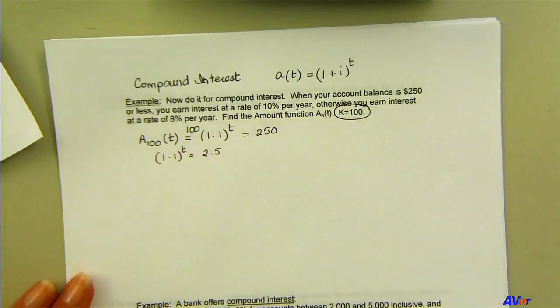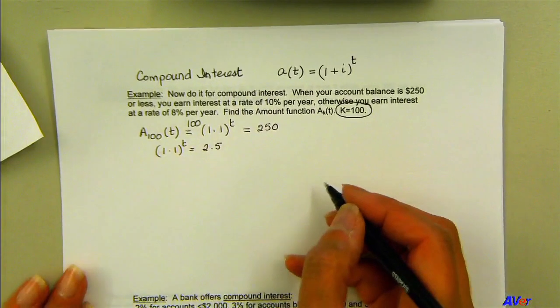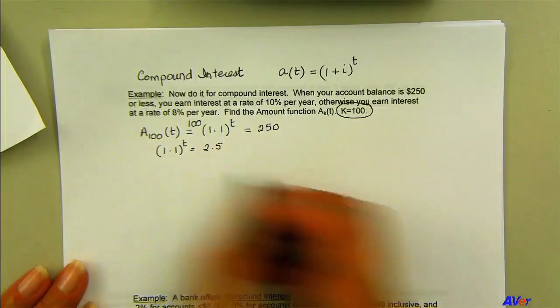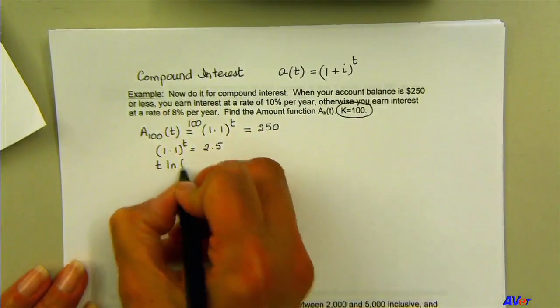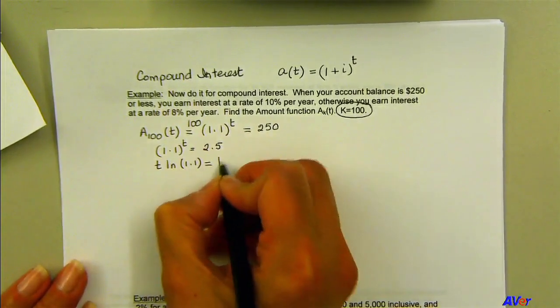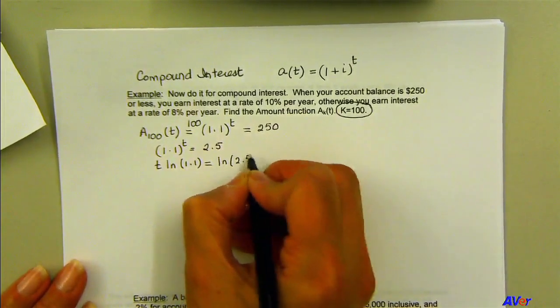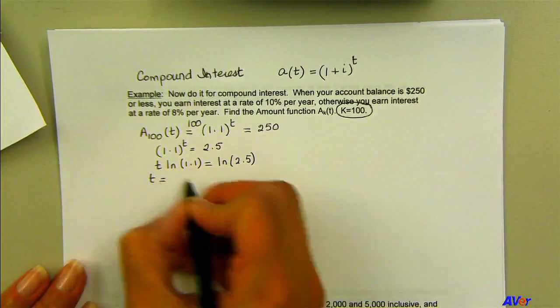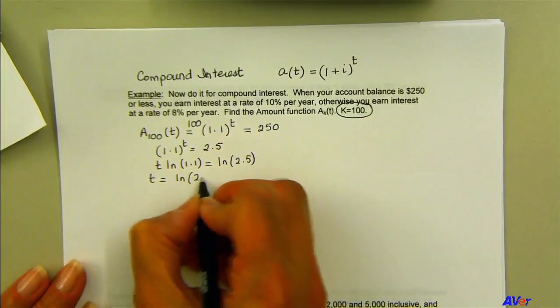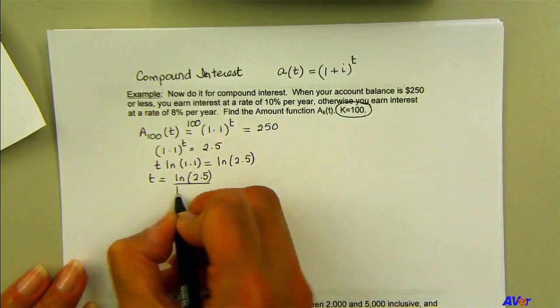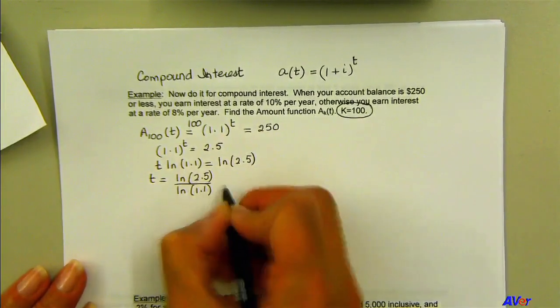Now what? What do I do? Yeah. Natural log on both sides. Yep. T ln of 1.1 equals ln of 2.5. Solve for T. T equals ln 2.5 over ln 1.1. And what do you get?